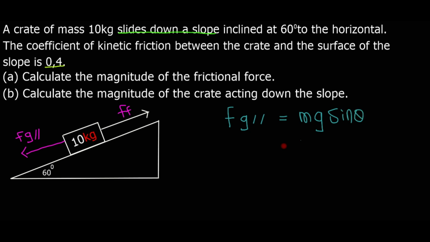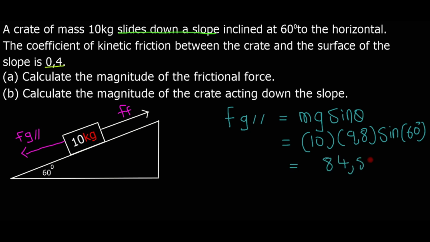And then from there it's all about substitution. So mass is 10 kilograms, this is 9.8, and then angle 60 degrees. And then it is 84.87 newtons. So this is our Fg parallel.